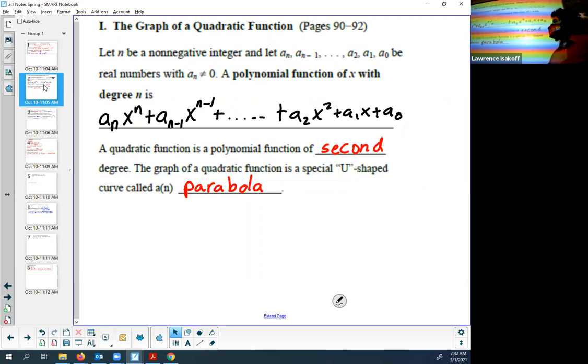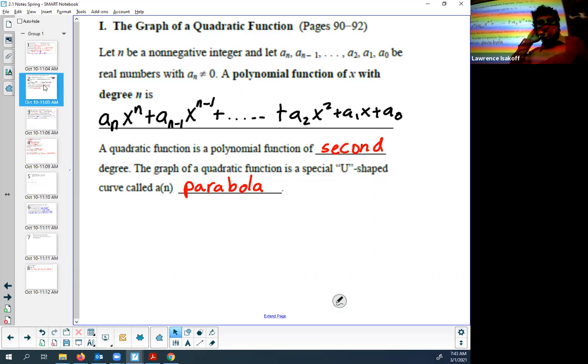So here with this, let n be any non-negative integer, and let a sub n minus 1, all the way down to a sub 1 be real numbers with a sub n not equal to 0.